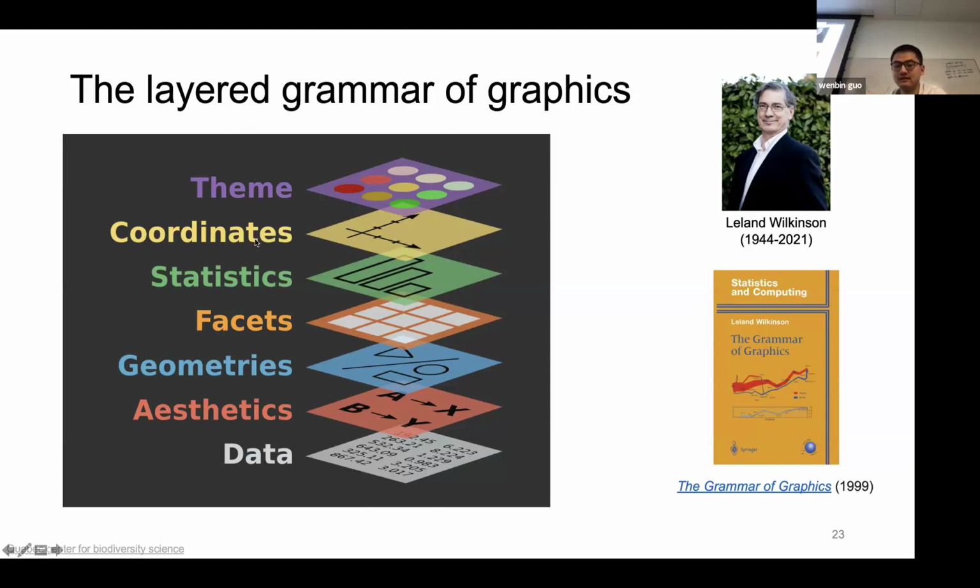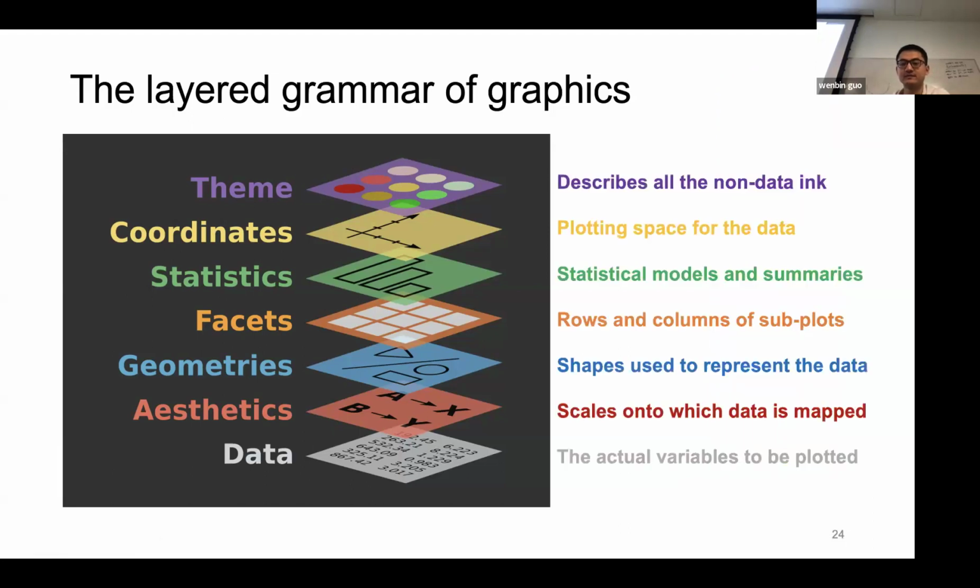The next layer is the coordinates, which defines how we want to present the data, which coordinate system we want to use. And then lastly is the data-irrelevant layer, where we modify the theme to change the color or adjust the borderline, etc. So basically, this is a non-data-relevant layer.